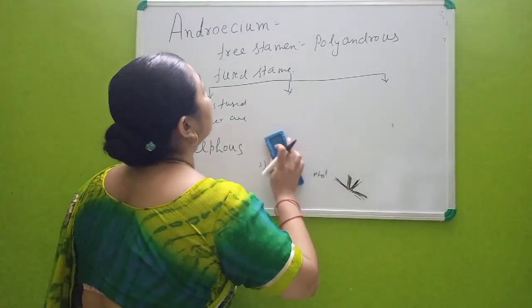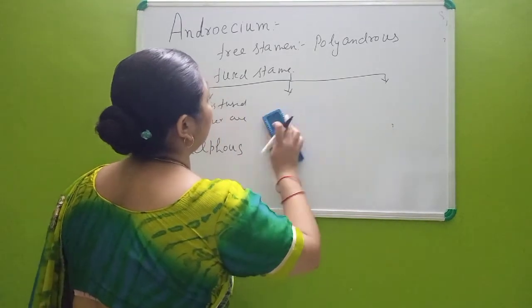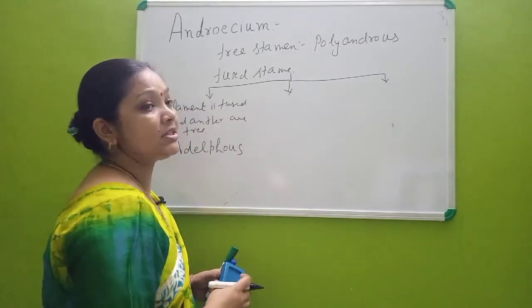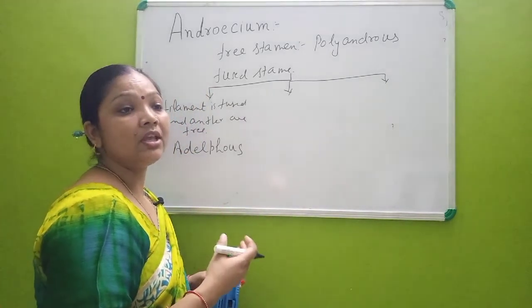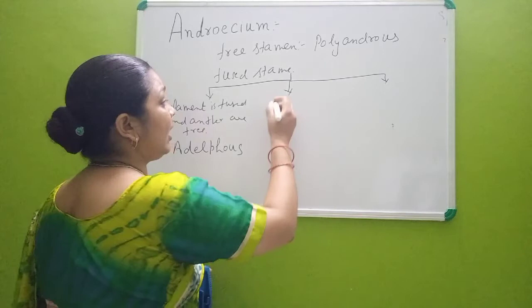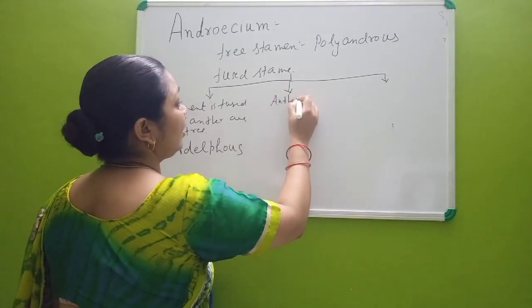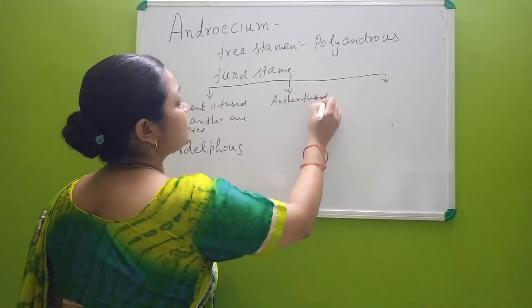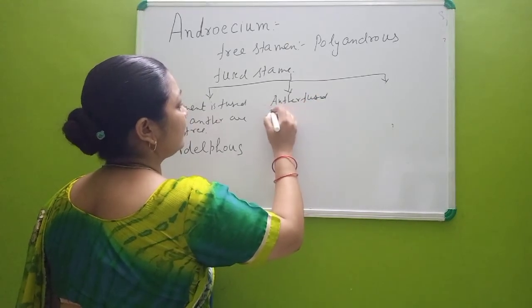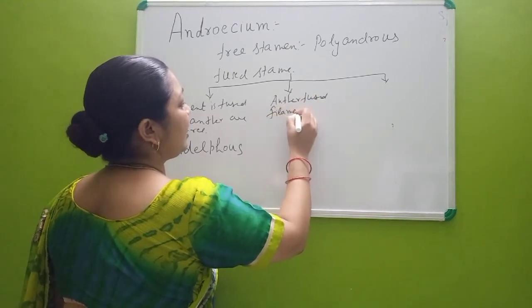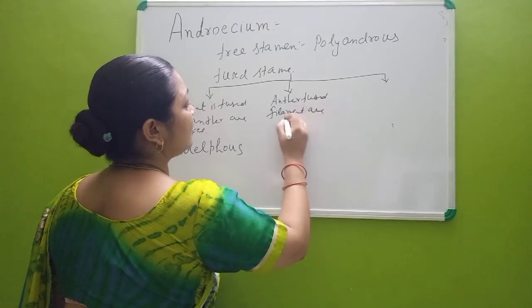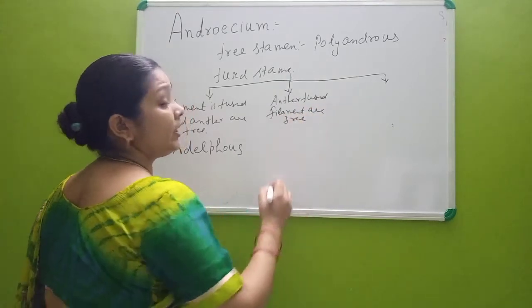Now the next type in the fused stamens is when the anthers are fused and the filaments are free.